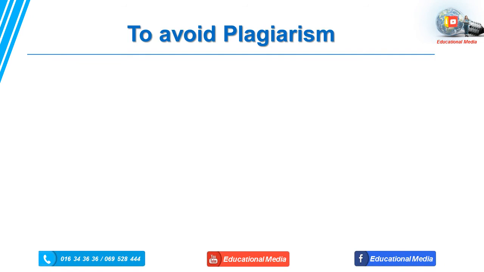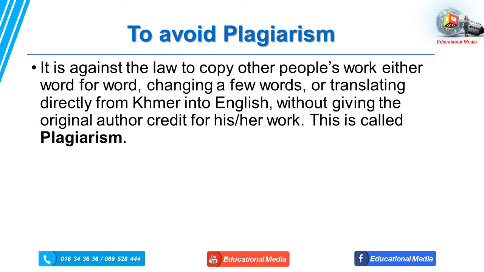How to avoid plagiarism? It is against the law to copy other people's work, either word for word, changing a few words, or translating directly from Khmer into English, without giving the original author credit for his or her work. This is called plagiarism.